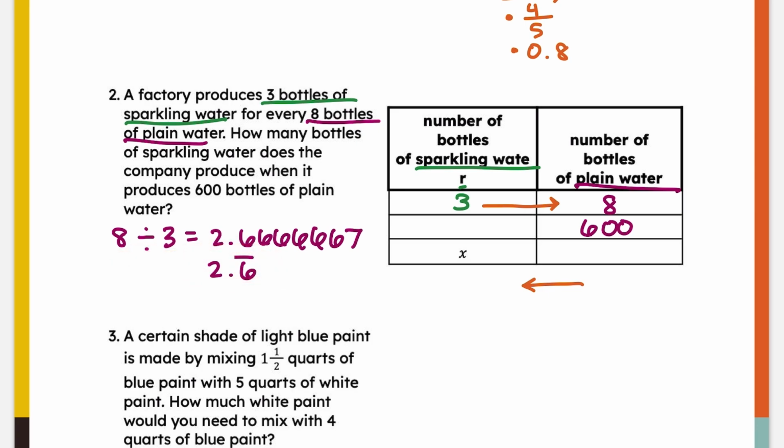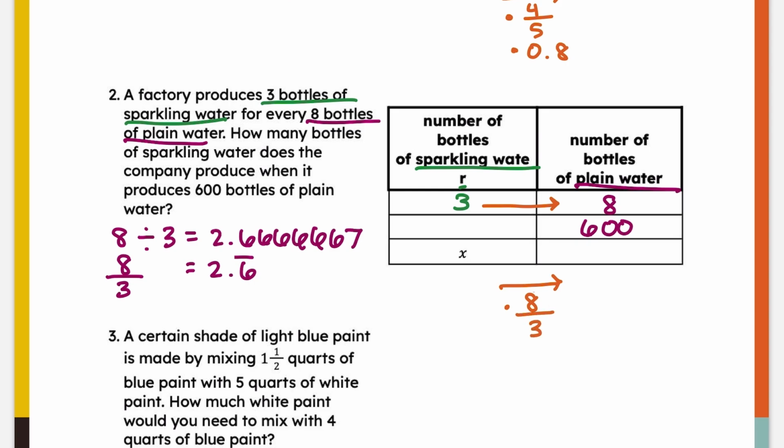But if I write that in a new form and write it like this, 8/3, now I have a rational number with the repeating decimal form, but this is the form that I can use in my calculator to produce correct answers. So what this means is when I am going forwards in this table, my constant of proportionality is 8/3.